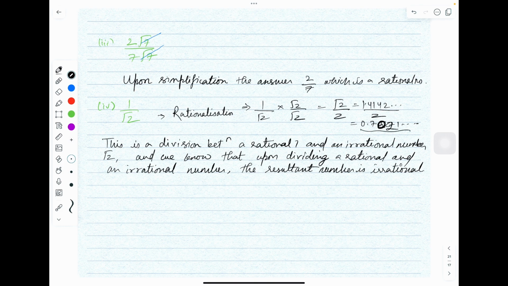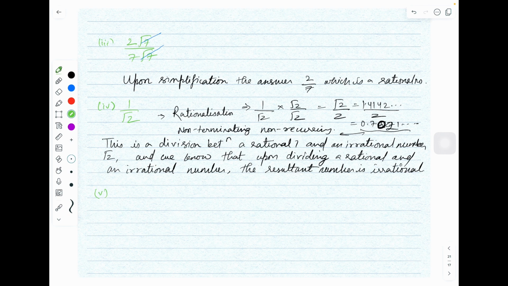Okay, so this is a non-terminating, non-recurring decimal expansion. So it is an irrational number. From here also you can do, but if it is root 11, you do not know the value of root 11, so you have to use the property.